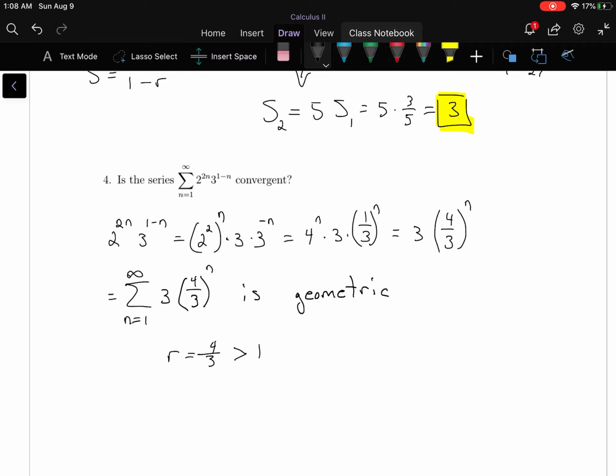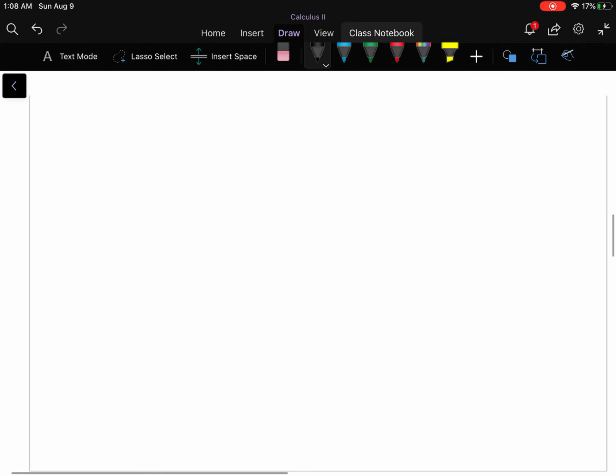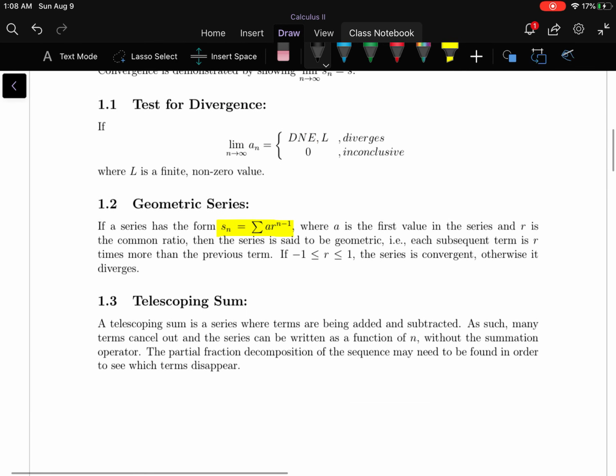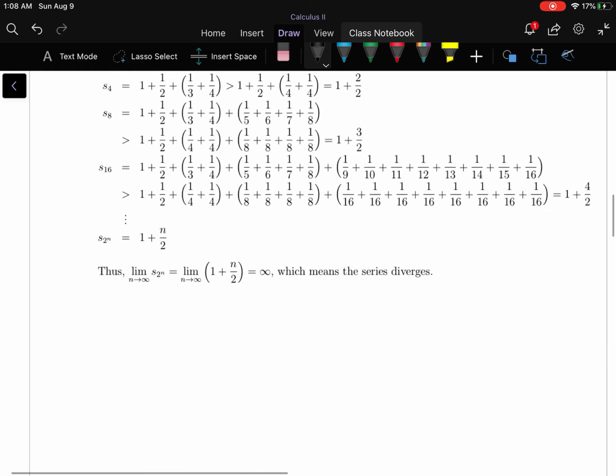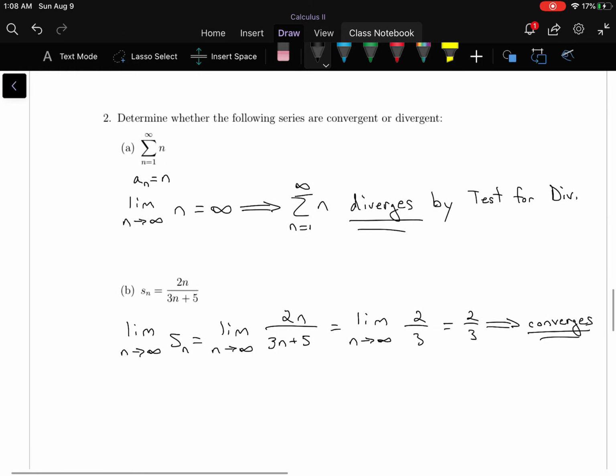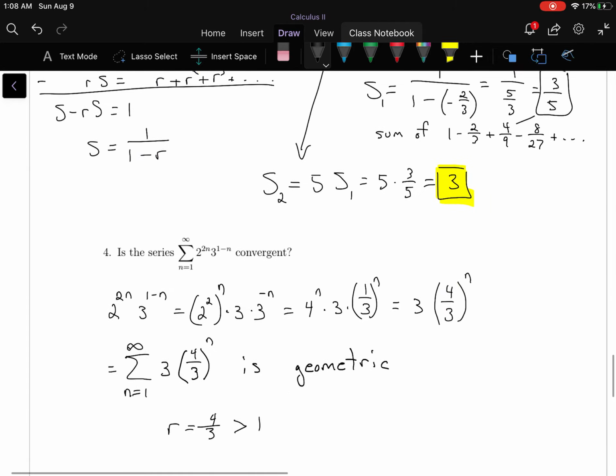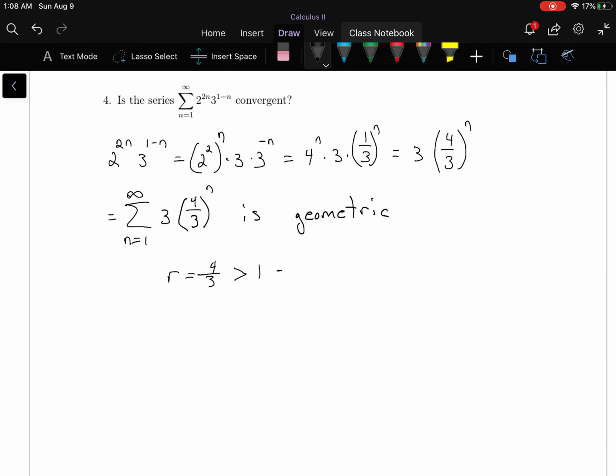And that's important because remember back here when I introduced the geometric series, I pointed out that if r is between plus and minus 1, then it's convergent, otherwise it diverges. And so since our r value is outside of that interval from plus or minus 1, we know that the series diverges.